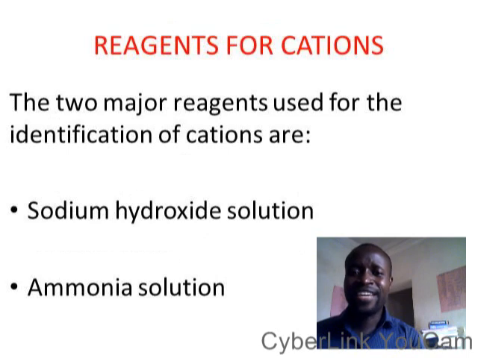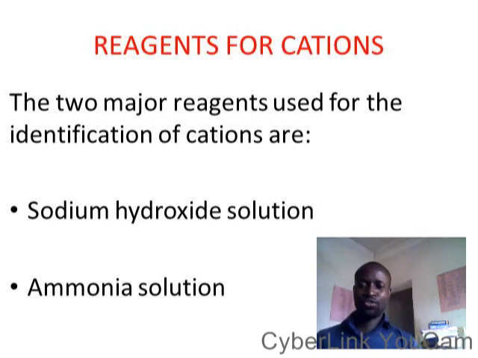Now, reagents used in testing for cations. There are two major reagents used to identify cations, and these are: number 1, sodium hydroxide solution, and number 2, ammonia solution.